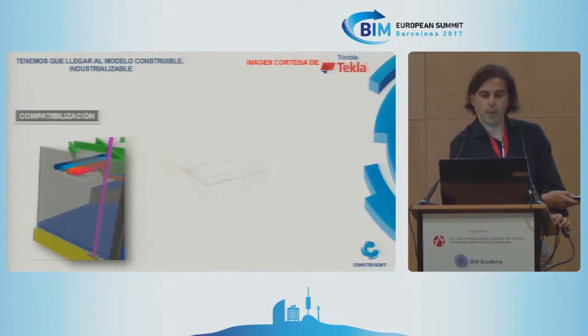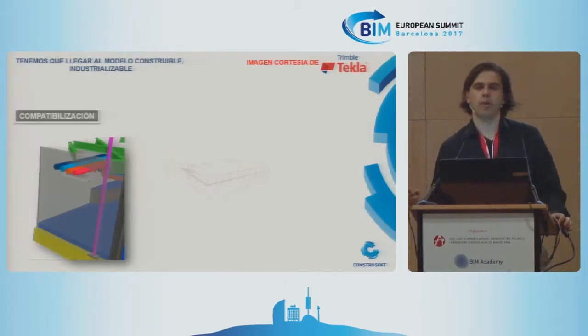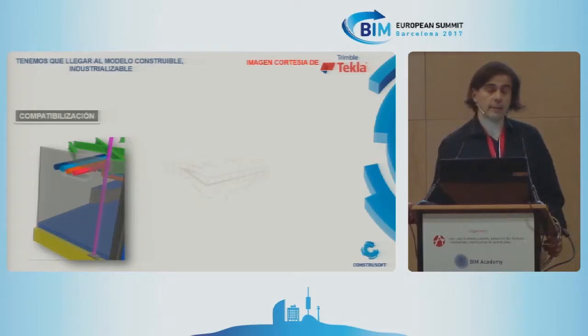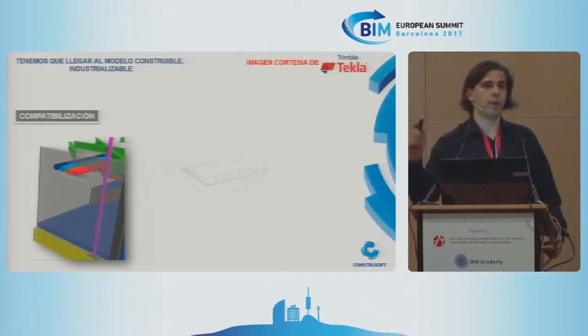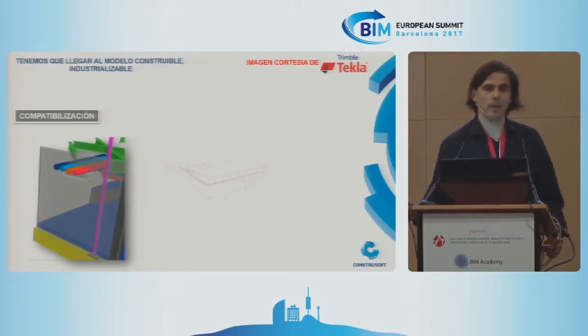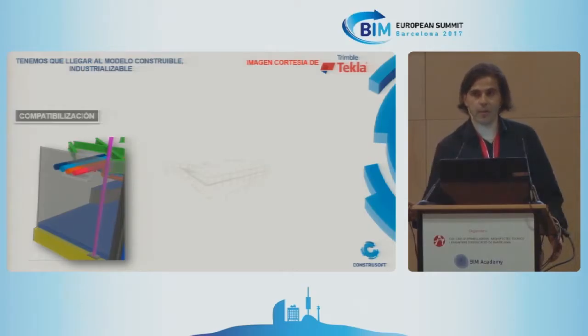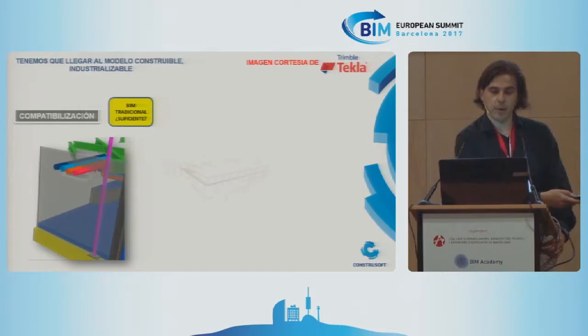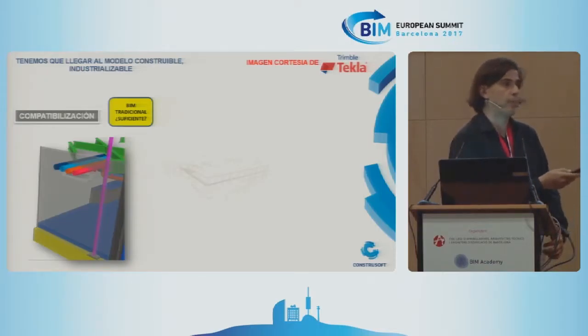So basically, we are reaching a compatibilization model. We have a clash detection system. That's great. But it's like if we only had the 3D model for the furniture we put together. We also need the bolts and we need the mounting instructions. We think that traditional BIM is cool.